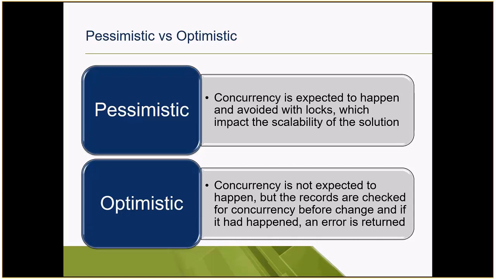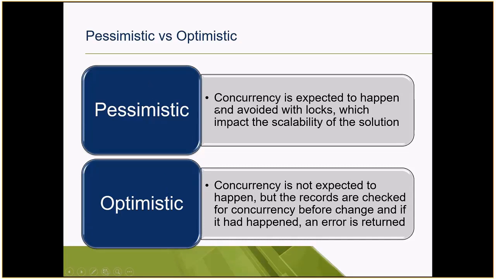So, the optimistic concurrence checks for concurrence before an update. If the concurrence happens, if two people have tried to update a record at the same time, we get an error. This is a big difference between pessimistic and optimistic.